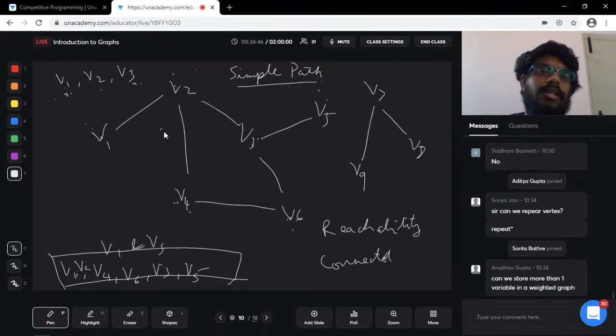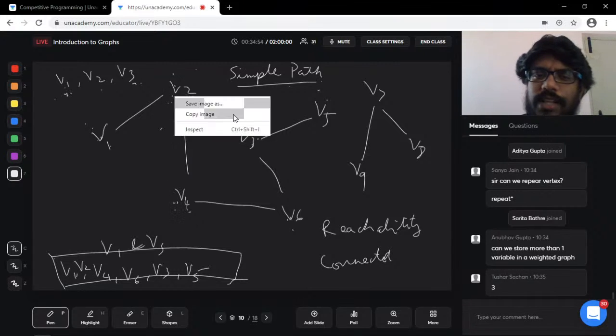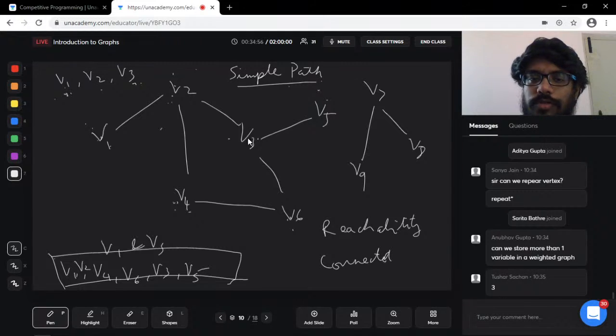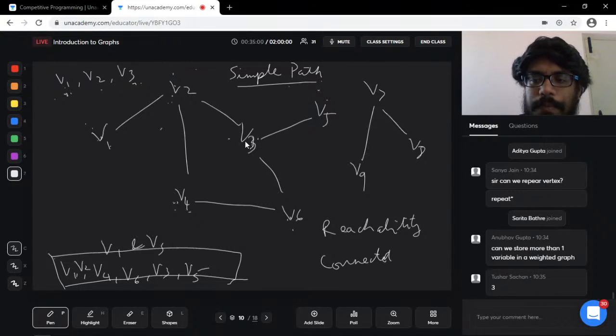It never makes sense for me to go from V1 to V2, V2 to V4, and then back to V2, and then V5, V3 to V4. So repeating vertices doesn't make any sense.